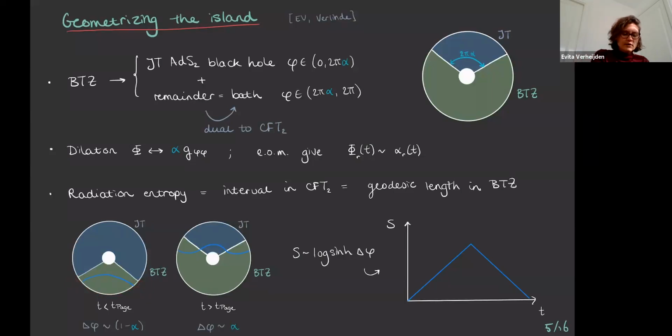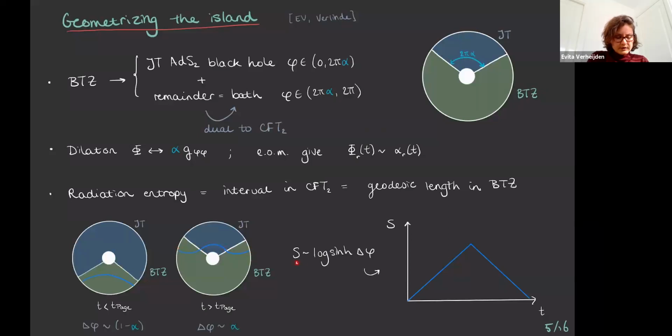And this dynamical alpha parameter then determines whether we are before or after the Page time, the halfway point of evaporation. And we see that once we hit the Page time, this minimal surface switches. There's a new minimal surface that goes on the other side here.